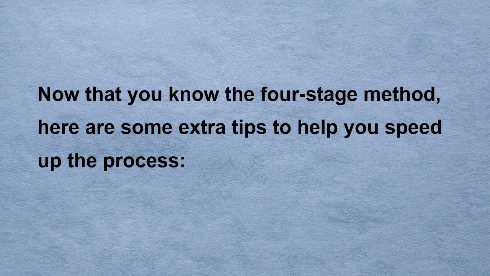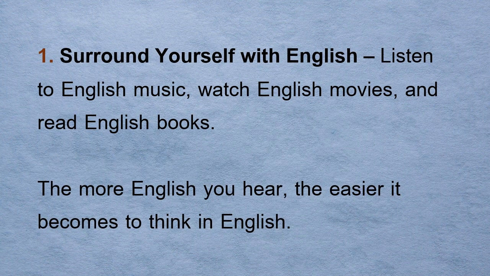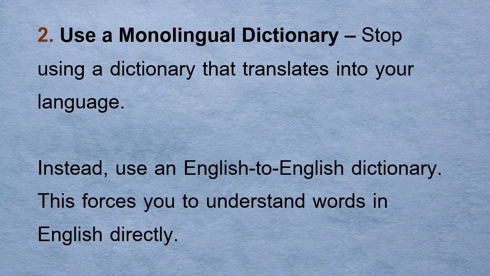Extra tips to think in English. Now that you know the four-stage method, here are some extra tips to help you speed up the process. 1. Surround yourself with English. Listen to English music, watch English movies, and read English books. The more English you hear, the easier it becomes to think in English. 2. Use a monolingual dictionary. Stop using a dictionary that translates into your language. Instead, use an English-to-English dictionary.